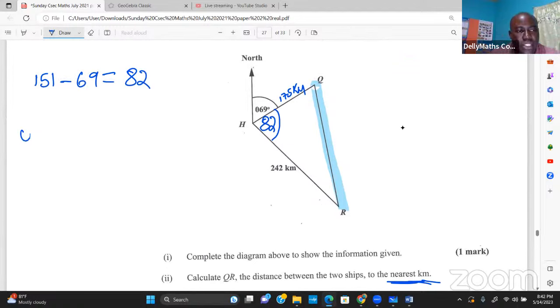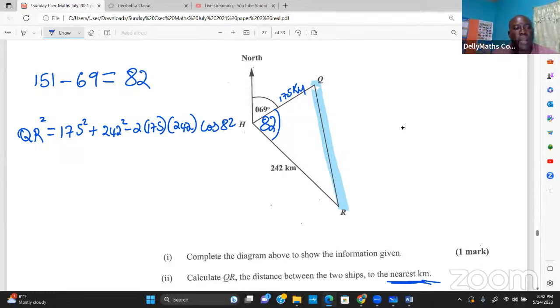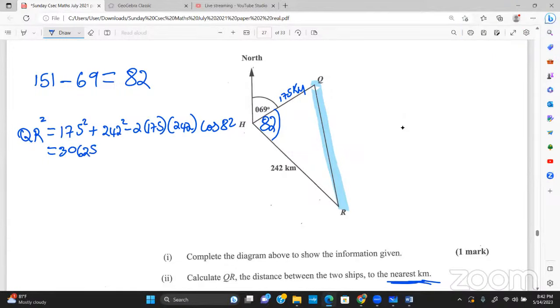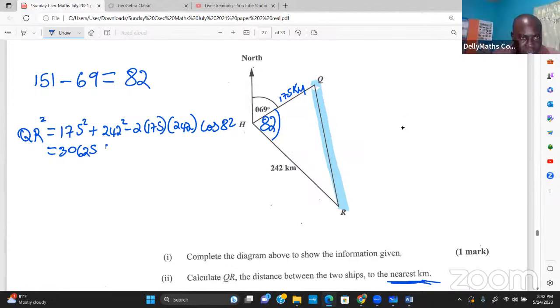So I want to say that QR squared is equal to 175 squared plus 242 squared minus 2 times 175 times 242 times the cosine of 82. So we want to put all of those together. 175 squared is about 30,625. 242 squared is 58,564.